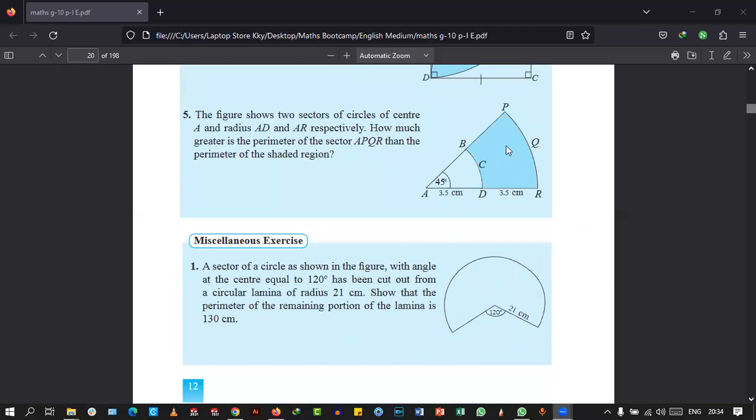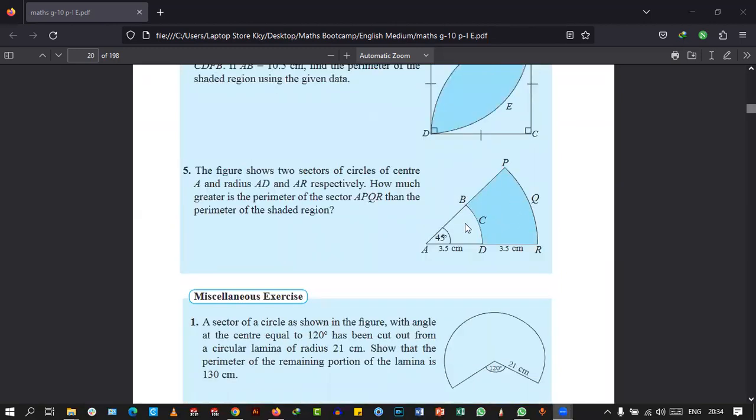So this one is also similar to what I was explaining now. The figure shows two sectors of circles with center A and radius AD and AR respectively, right? A is the center for this AD radius circle as well as this one.